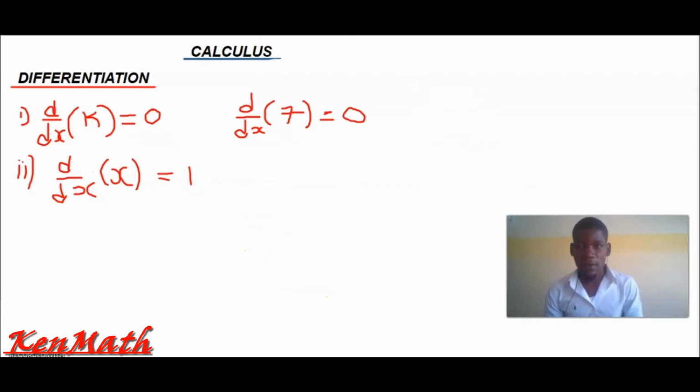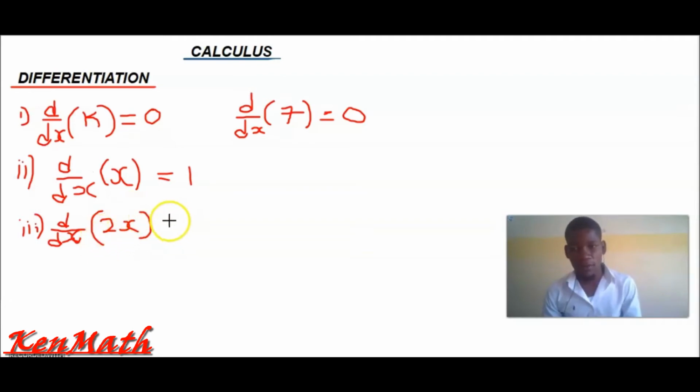And then there's another rule that we're going to talk about, which is rule number 3. It says that when you're finding d over dx of, for example, a term like 2x to the power 1, let me put a where there is 2, because it can be any number.